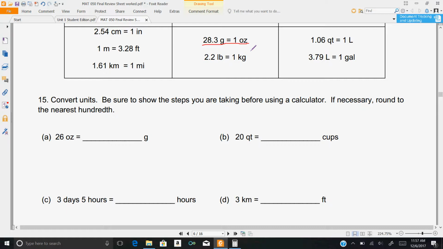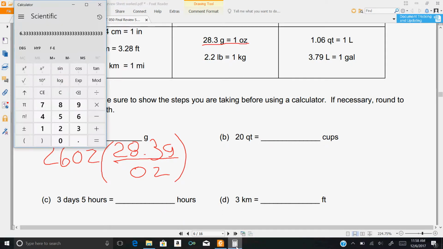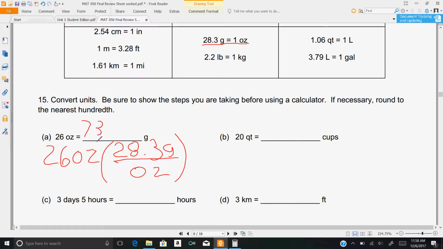So I'm going to say 26 ounces times 28.3 grams per ounce, and put that in my calculator. 26 times 28.3, and I get 735.8. And since it said nearest hundredth, I'm going to say 735.80.